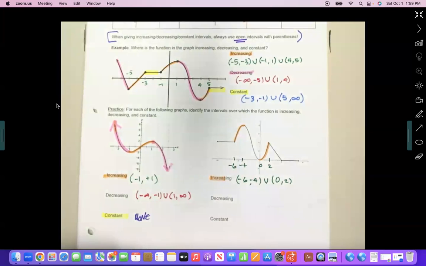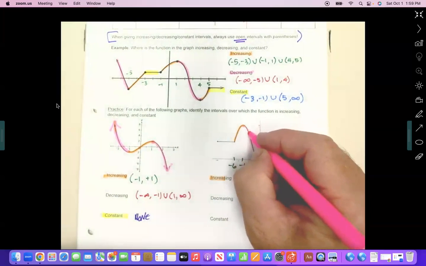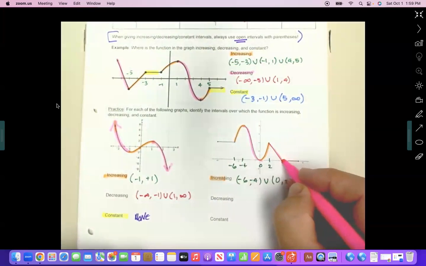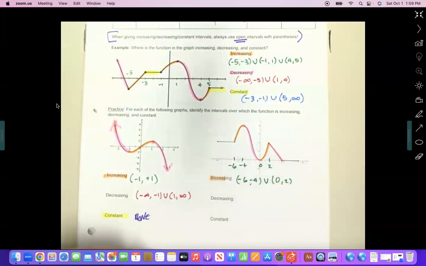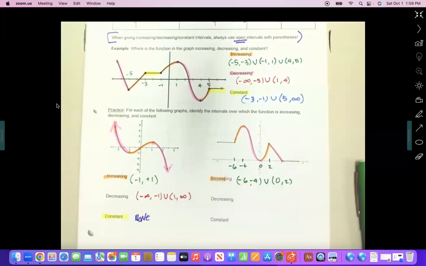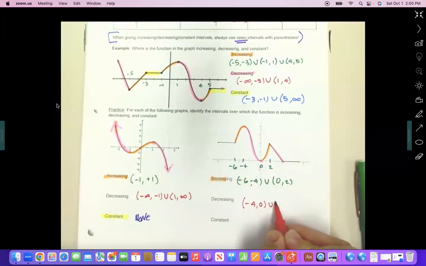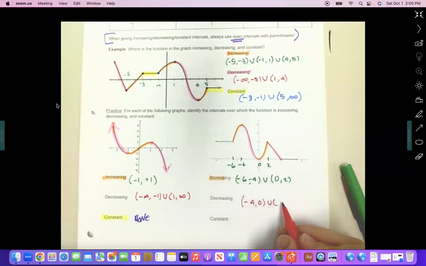For the decreasing part, it's going to be between -4 and 0, and then from -2 over here to +5. I think I said -2, but I meant to say +2 there. So again, our decreasing interval starts at -4, ends at 0, and then starts at 2 and ends at +5.